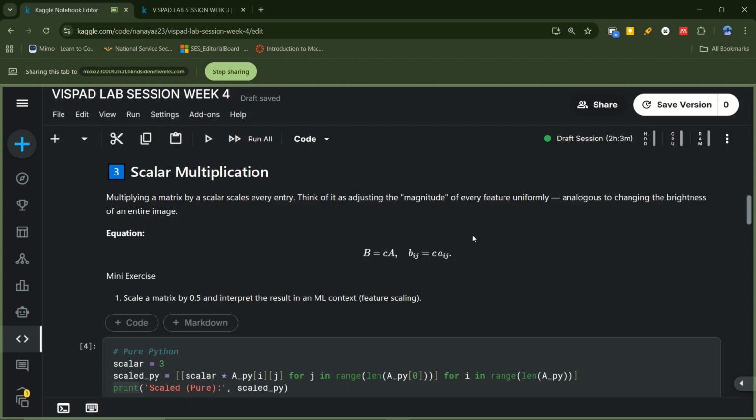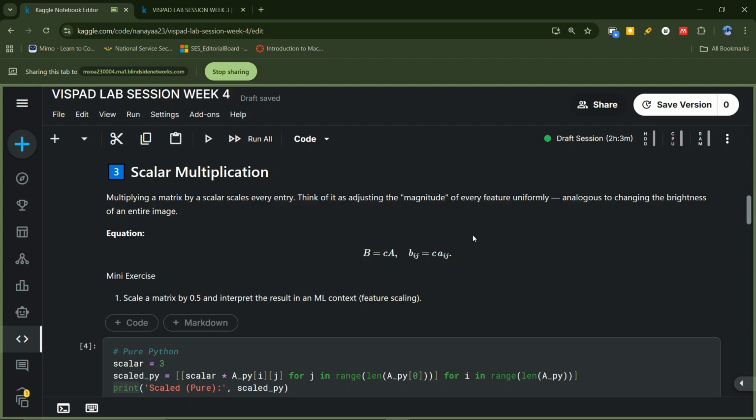Great. So we have a simple equation here: B is equal to cA, where c is the scalar and A is the matrix. B is also a matrix. Next to it, you see B_ij and c·a_ij, and these refer to the various elements inside each matrix.